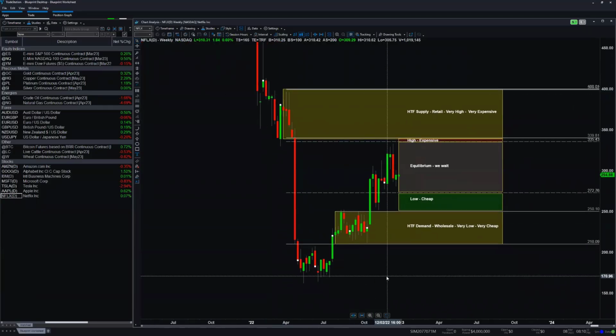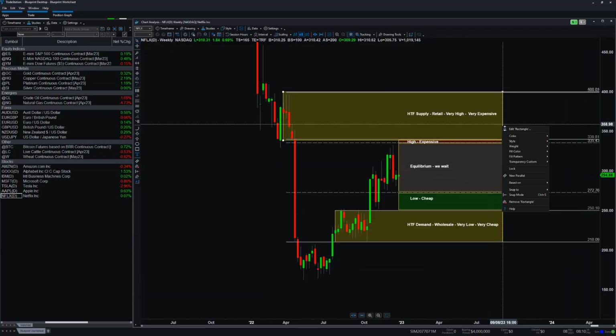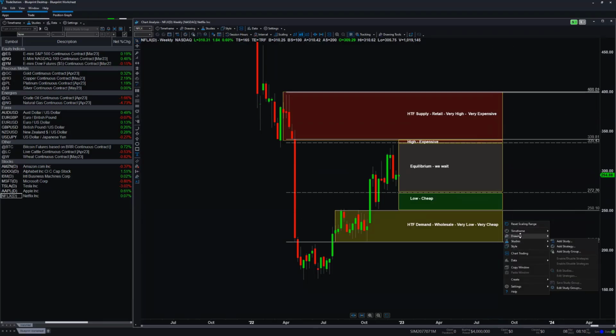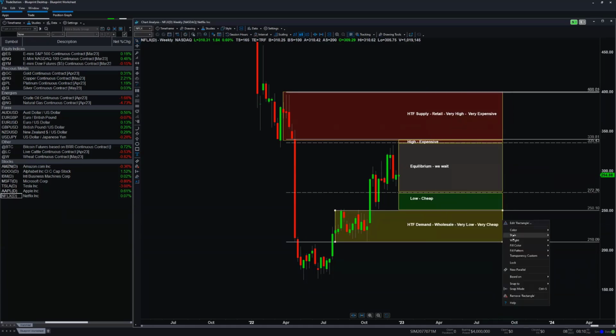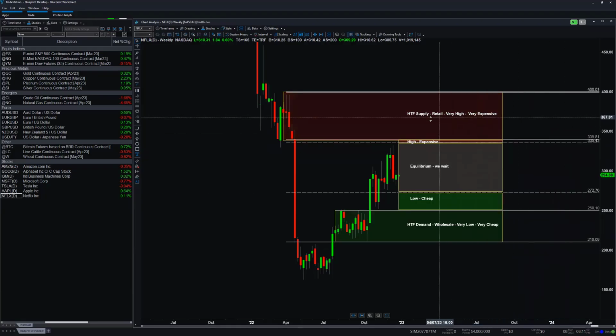So now I have my window of opportunity, and we could even make this as well, in this case, red, right? Because this is also high, and we could make this also green or dark green, and then we make this dark red maybe. And now I have a window of opportunity.